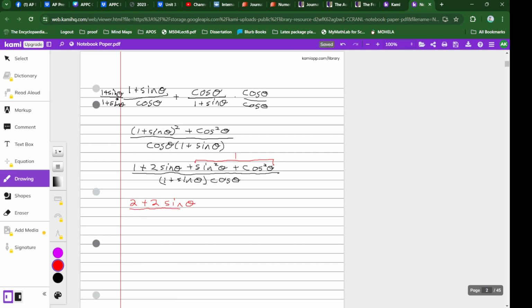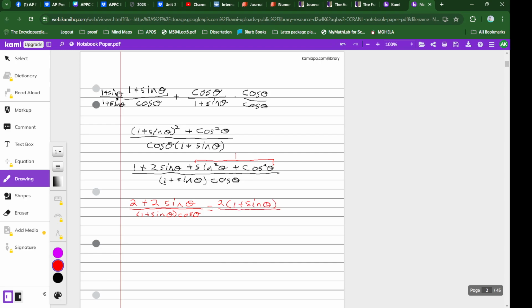And in my denominator, I have 1 plus sine theta times cosine theta. And actually, we are going to have to do a tiny bit of factoring on this one. So, 2 is the greatest common factor of my numerator, so I'm going to write 2 times 1 plus sine theta.